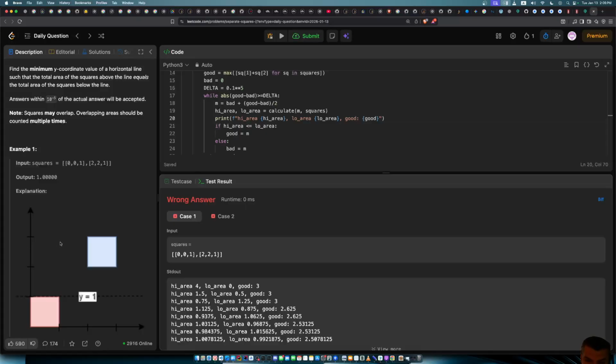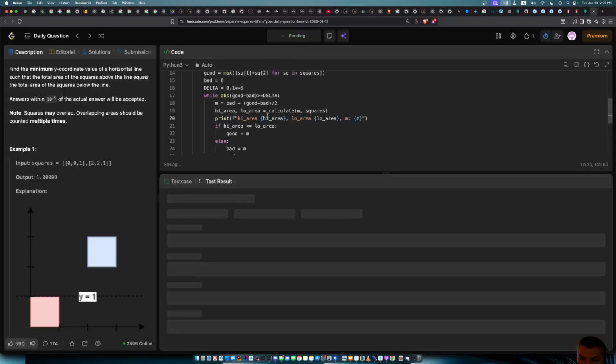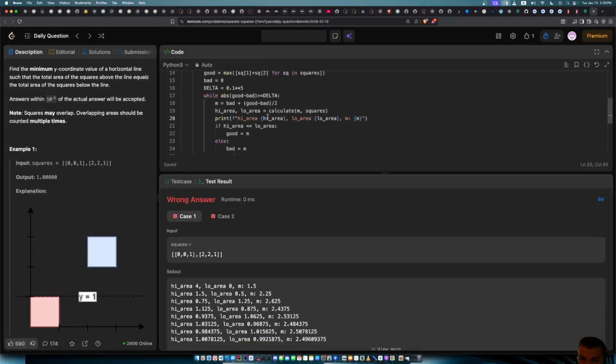So I split at 3. Oh wow. I split at 3, or let's say m. I split it at 1.5. So the low area, high area becomes 4.